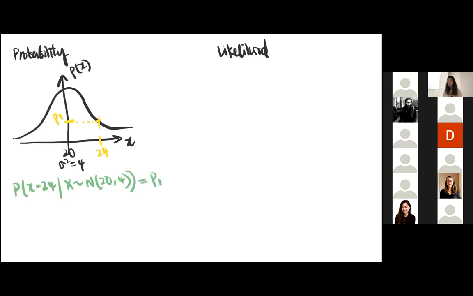Does anyone have any questions about this notation? What I'm saying here is that given that this is the assumed distribution of puppy weights, P1 is the probability that your puppy weighs 24 pounds. Questions about this? This is important to internalize before we move on.